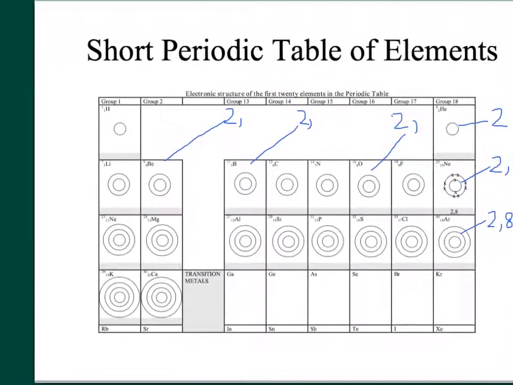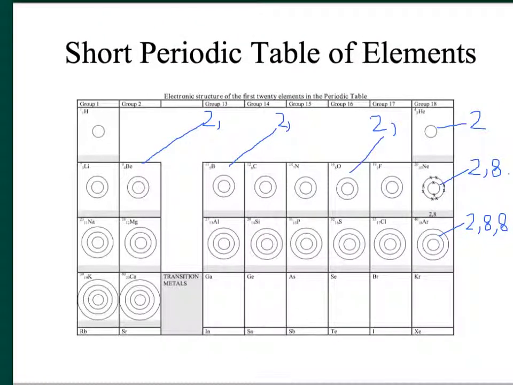So if we look across the second row, which is called the second period, we know that all of these atoms have got electrons in those 2 shells. They've got no electrons in the third shell. Question is, so it's going to be 2 something, but what is the something, and how do we work that out quickly from the periodic table?